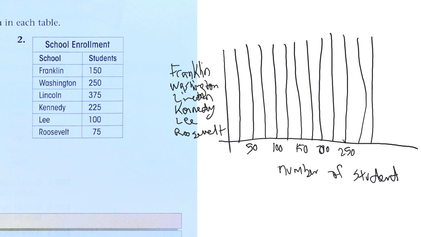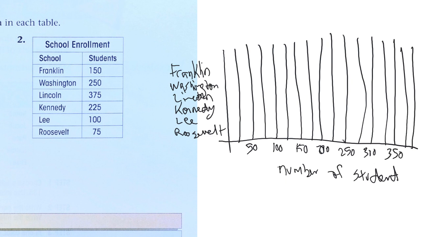Oh, that one very, very straight. All right, perfect. 400. So started wide, got more narrow, but that's okay. We can draw freehand. So we've got 50, 100, 150, 200, 250, 300, 350, 400.